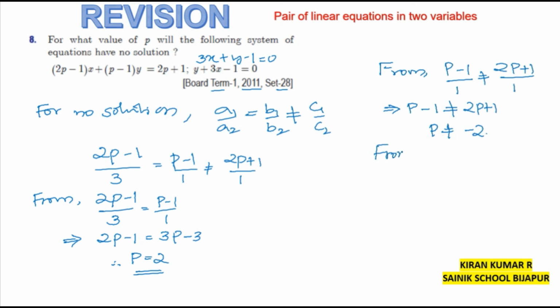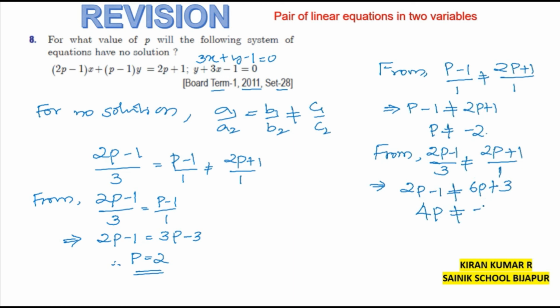Now if I consider one more possibility, from 2p minus 1 divided by 3 not equal to 2p plus 1 divided by 1, this implies cross multiply, 2p minus 1 not equal to 6p plus 3. Upon transposing 2p to the right hand side, it becomes 4p. Positive 3 to the left hand side, it becomes negative 4. So p should not be equal to minus 1.